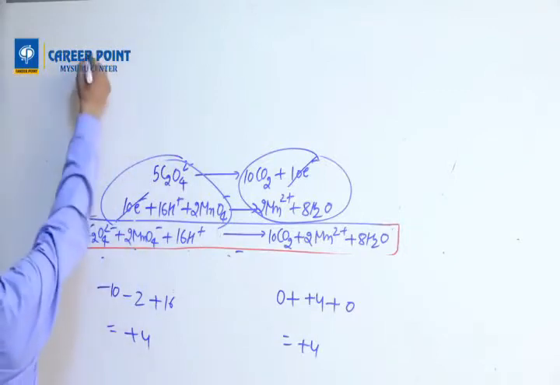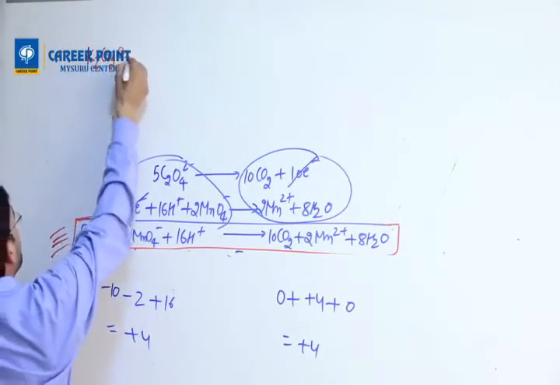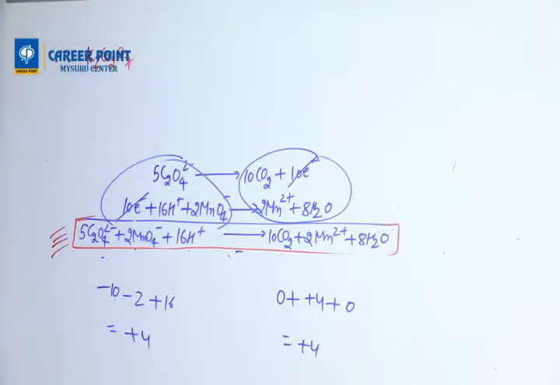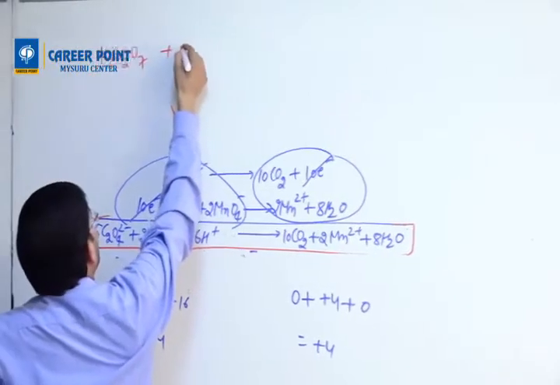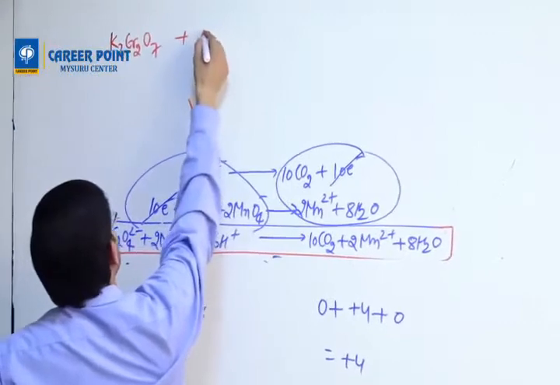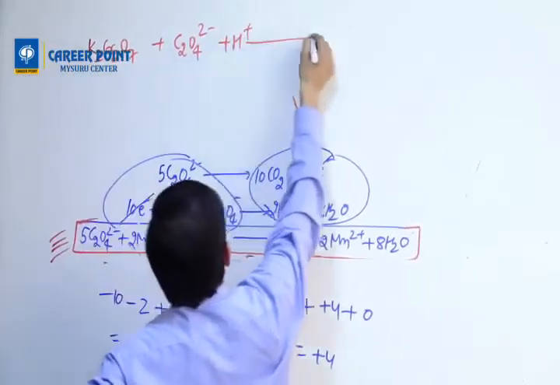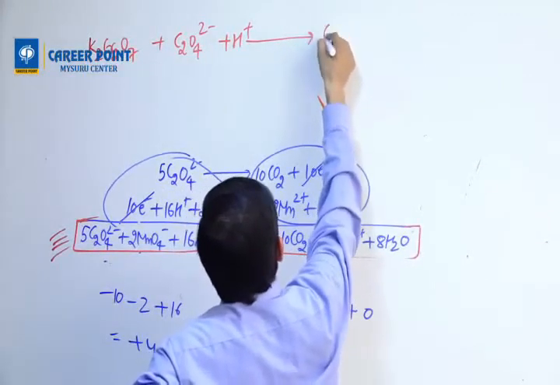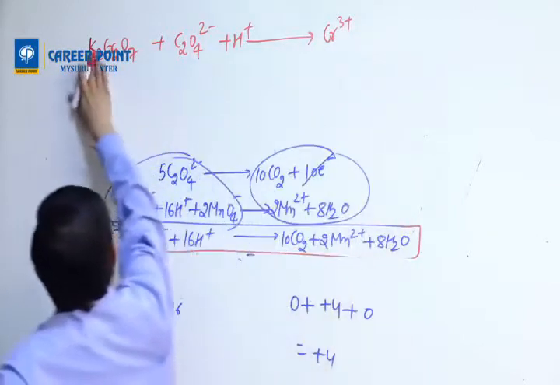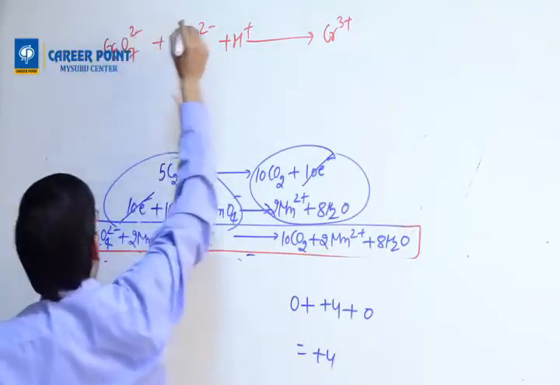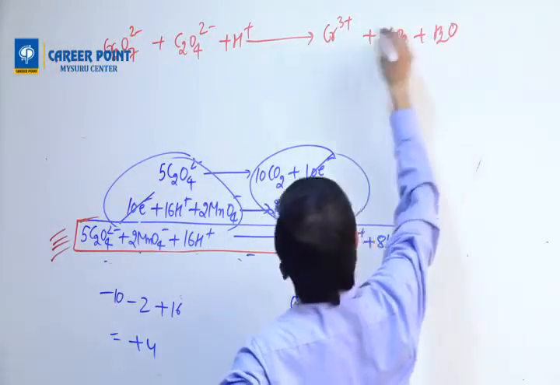Okay, so that reaction is K2Cr2O7 plus C2O4 2 minus plus H plus gives rise to Cr3 plus, CO2 plus H2O.